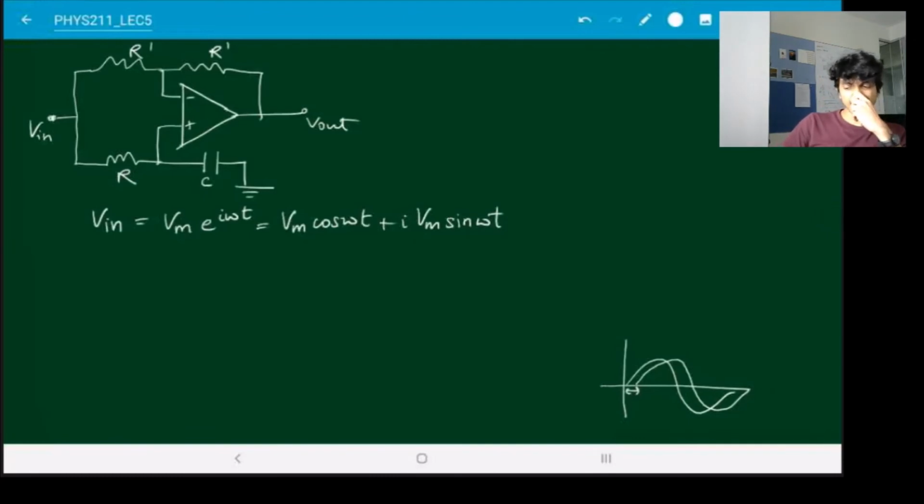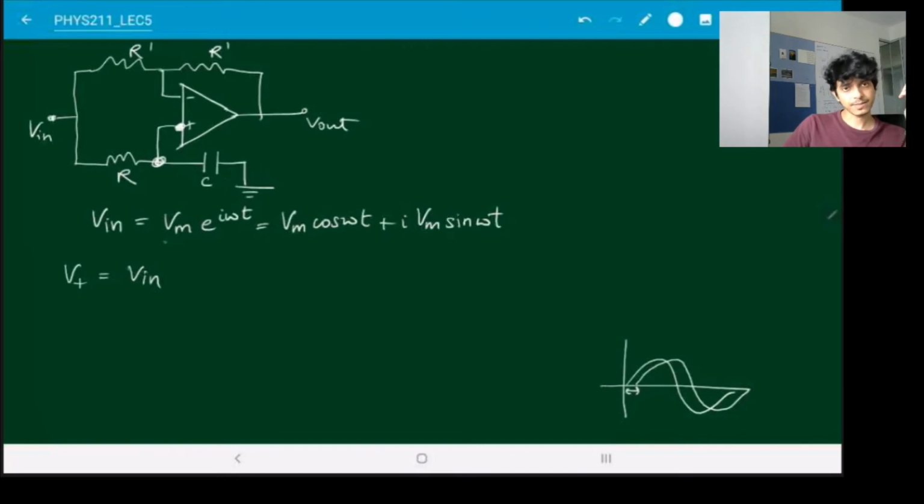How should I start analyzing? Again, same way as we did before. First, I'm going to try and find the voltage at the non-inverting terminal, which is the voltage over here. And again, this is a voltage divider circuit. So this is V in. Now, if instead of a capacitor, there was a resistor over here, I would have put its resistance.